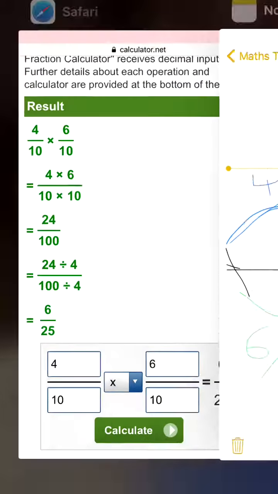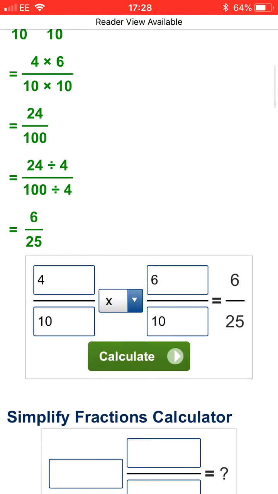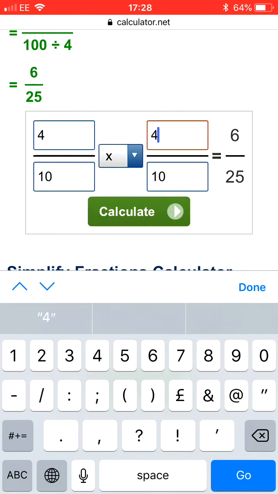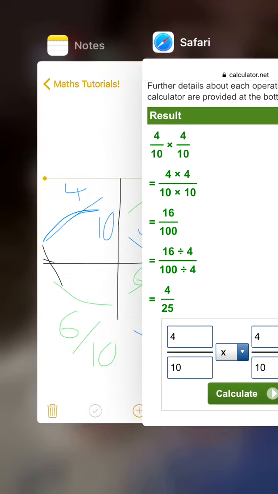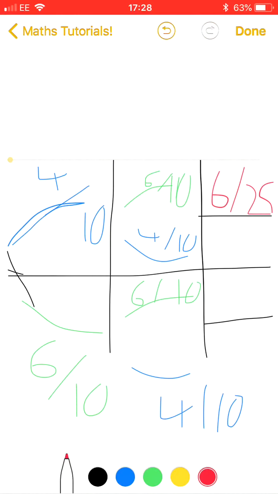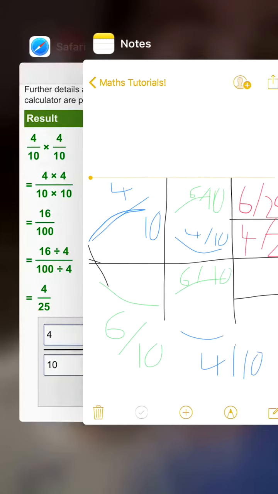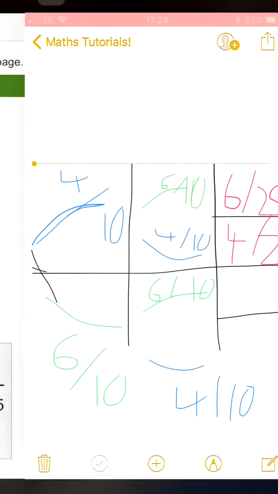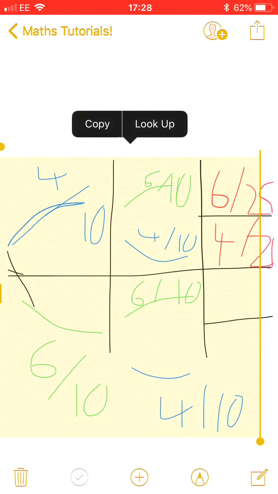Next, we're going to do 4 tenths times 4 tenths, which is going to be 4 out of 25. Forgive the handwriting. Next, it's going to be the same. Actually, no, sorry, tell a lie. I was going by this, which you don't do.